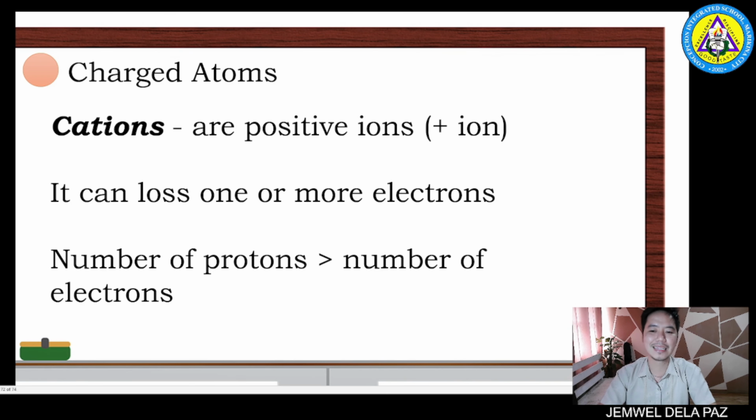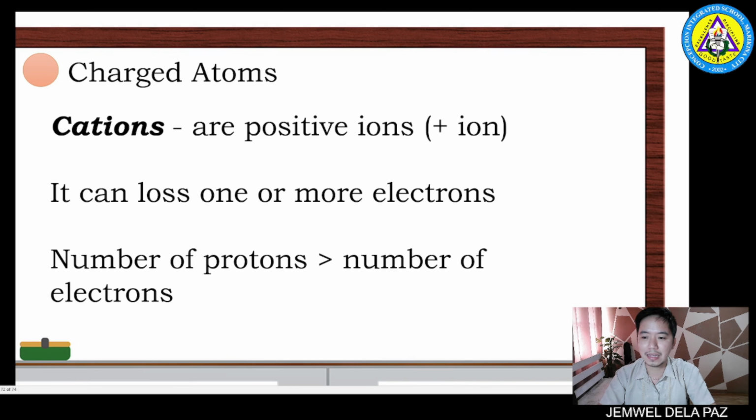First is the cation. Cations are charged atoms. Cations are positive ions. So therefore, it has a positive charge. Cation can lose one or more electrons.